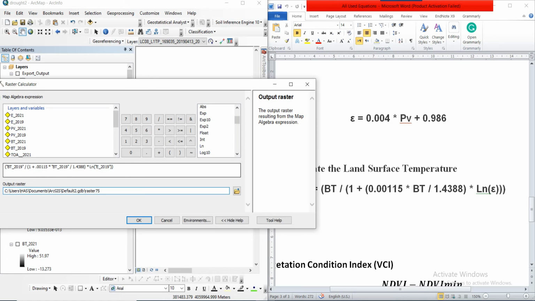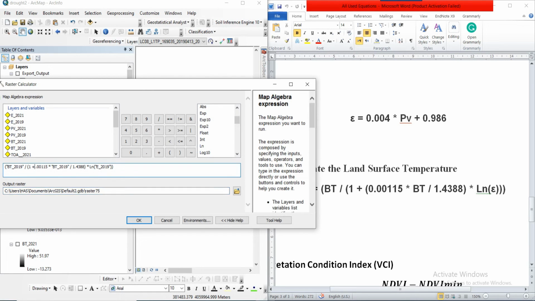Well, so we have BT divided by 1 plus, so we forgot a bracket right here, 0.00115, so we need a bracket right here, 1 plus this value multiplied by BT divided by this, and we need another bracket right here.